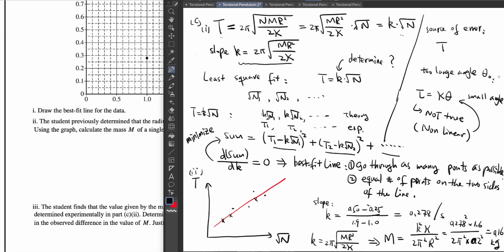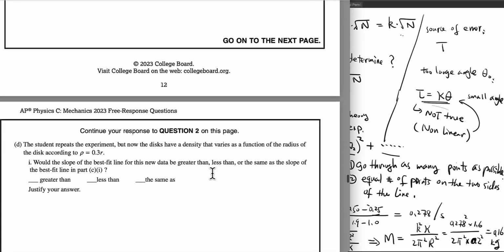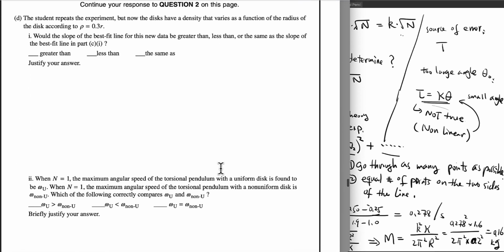If you twist the wire too far, its behavior becomes nonlinear, so we cannot use this relation anymore. The oscillation is not simple harmonic oscillation anymore. If you can say that in your answer, that would be good enough. So that's question D.